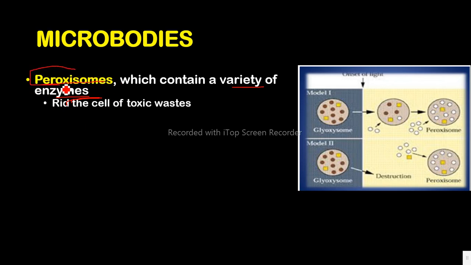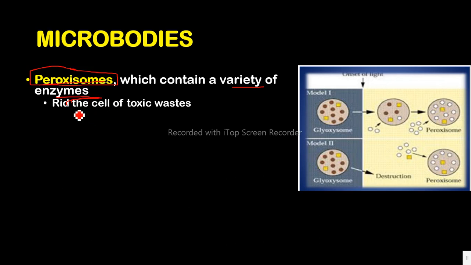The catalase enzyme is responsible for removal of hydrogen peroxide. You can't just leave it within a cell, so you package it within a specific vesicle, and in this case, it is a peroxisome.